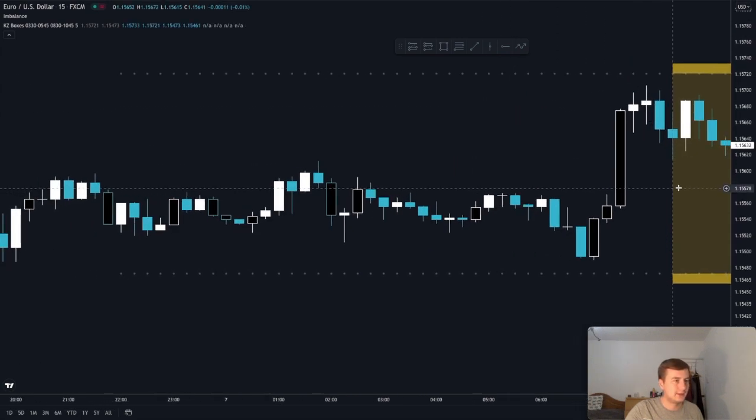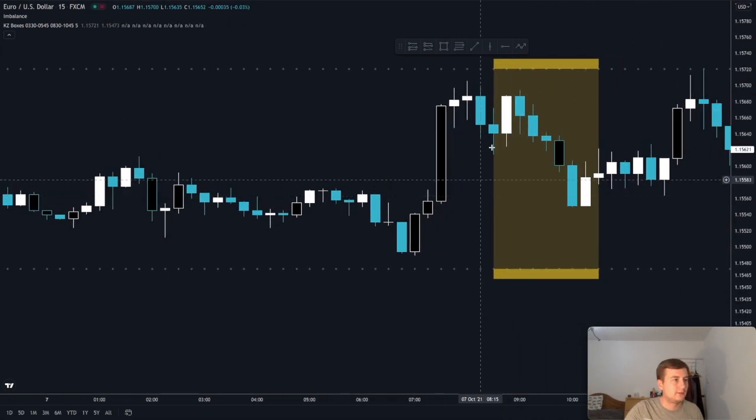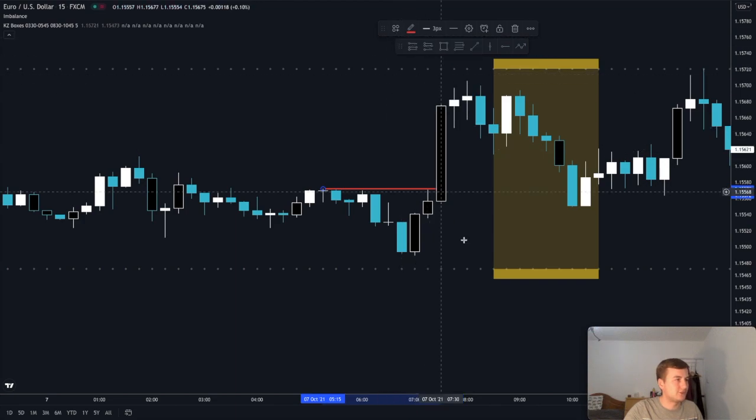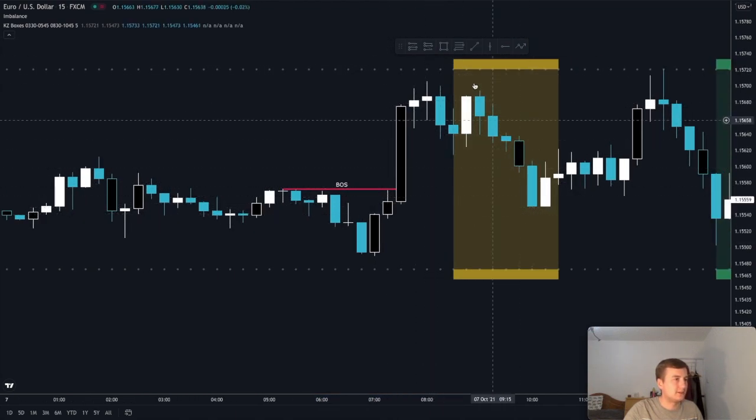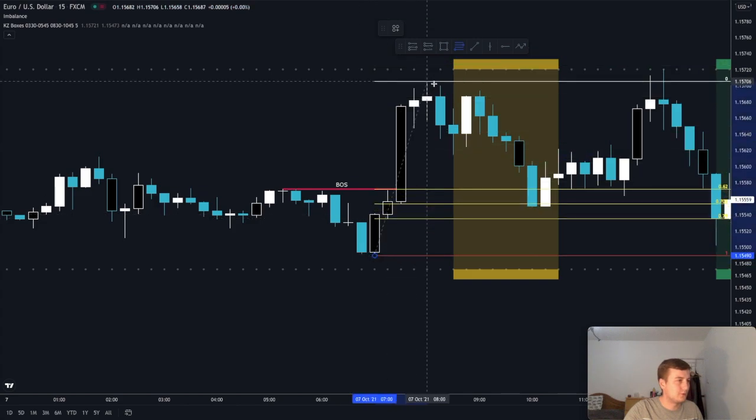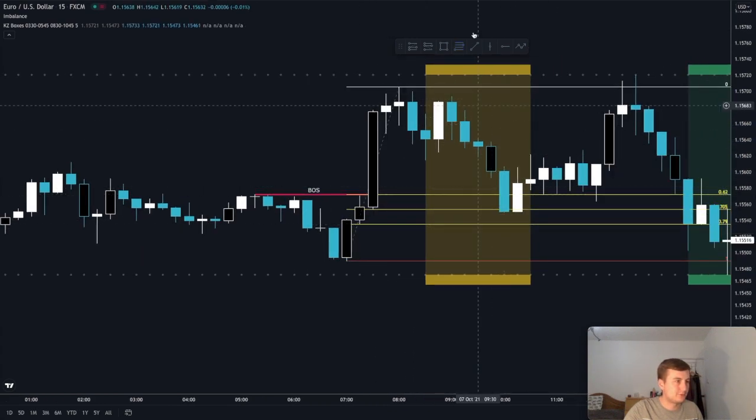You're in time like here, and you think, right, I see this big strong push up, price broke structure, like so, got a huge break of structure, and price is going to come back down. Okay, cool. So I'm going to draw my Fibonacci. Sweet, price has come to that level.